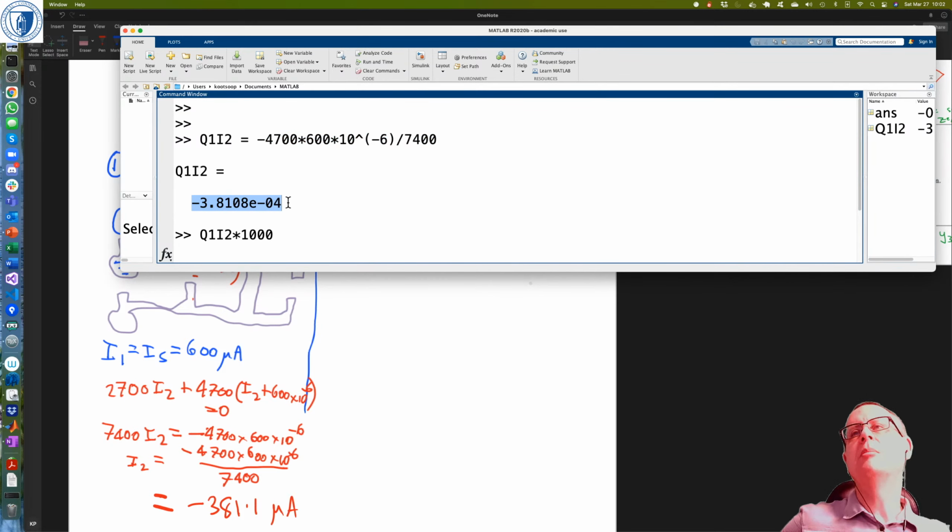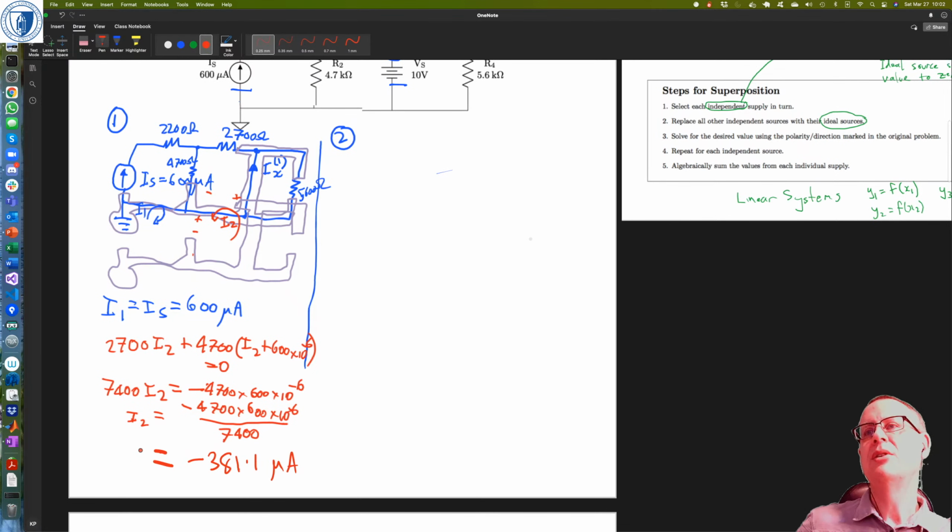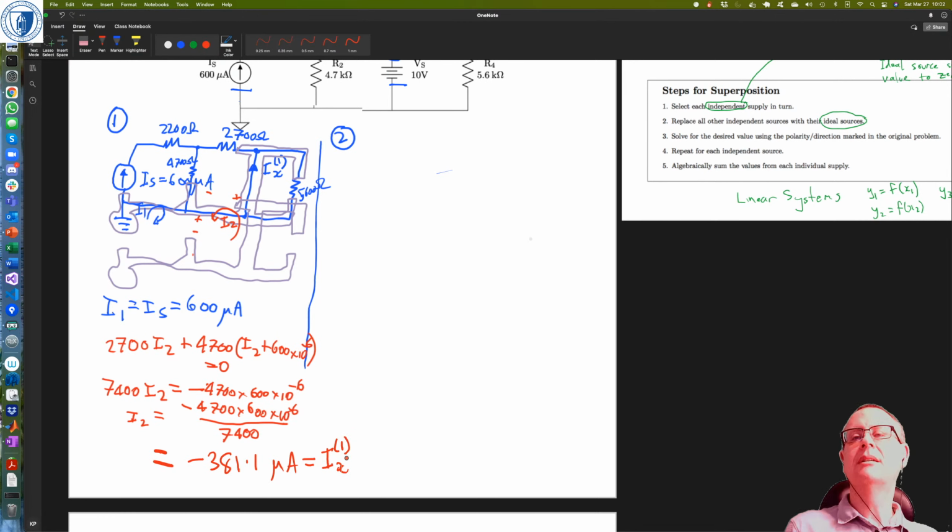And that by 10 to the minus 4 usually means it's in the hundreds of micro somethings, microamps in this case. Okay, so that's our first, and I didn't use it, but that's actually also equal to the first value of IX1. Okay?